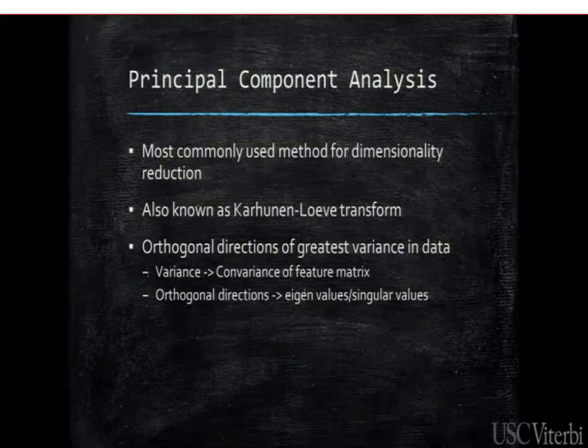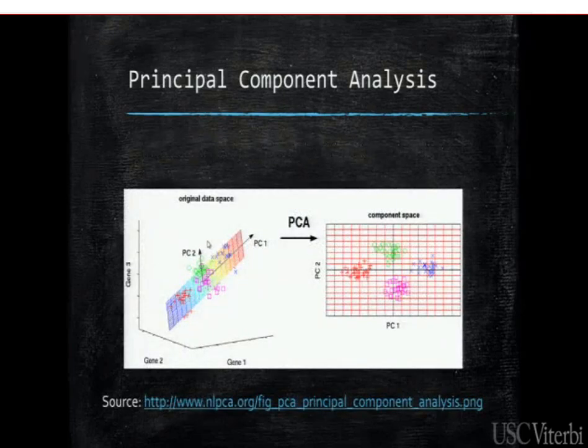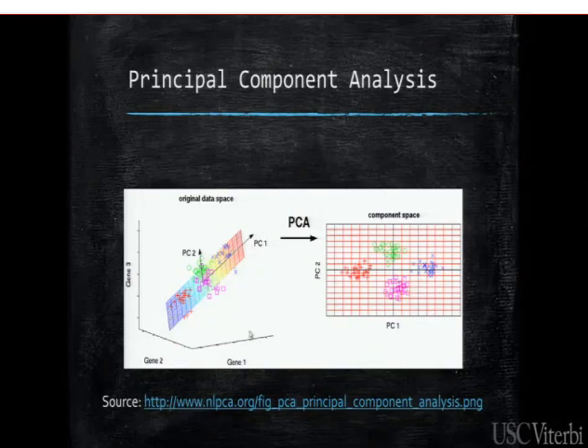Recalling from linear algebra, orthogonality ensures what? Uncorrelatedness. So you make your features uncorrelated. Is this a good thing? Not always, but yes, most of the time. This is an example: suppose you have three-dimensional data spread out in the space like this.